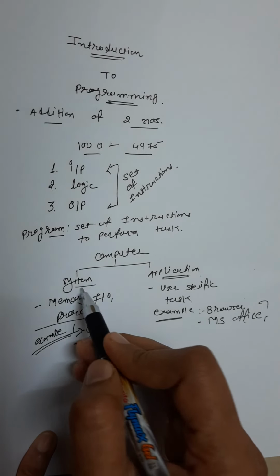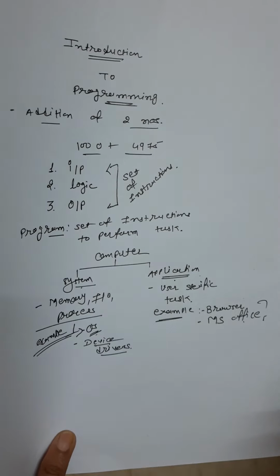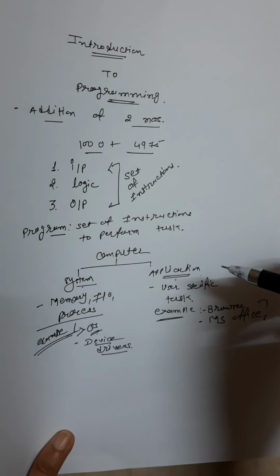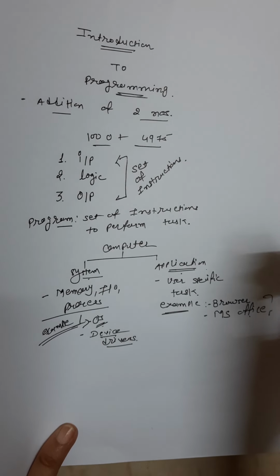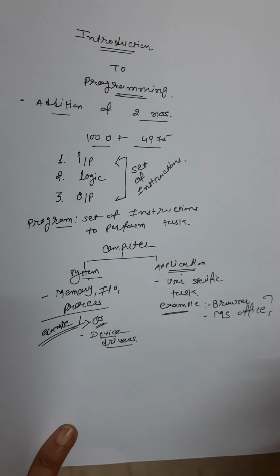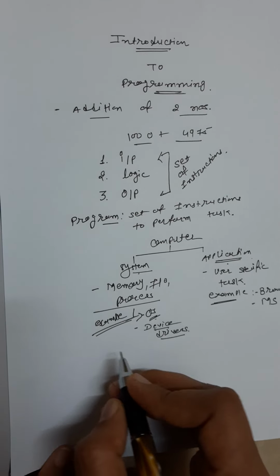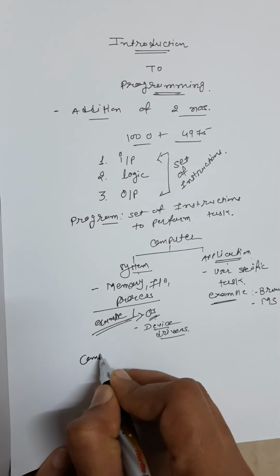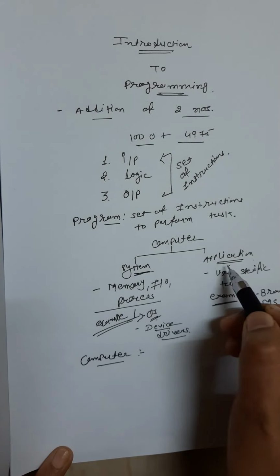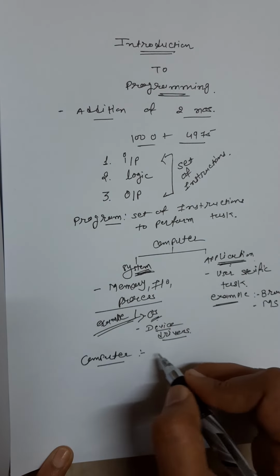So how are this system software and application software designed, what do they actually contain? They actually contain a set of programs, and this set of programs contains the set of instructions, right? Okay, so our computer is actually run by these softwares, system software or application software, right?